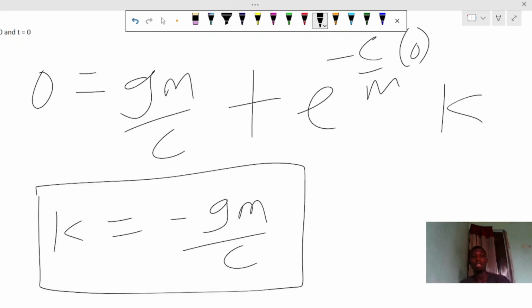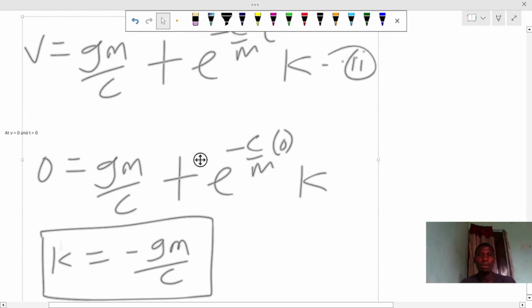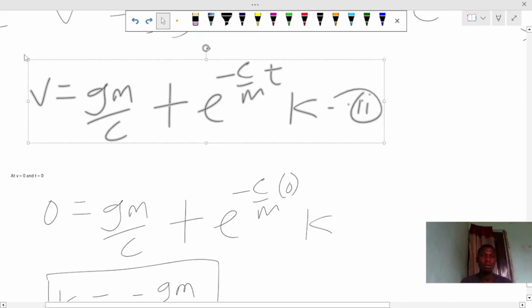Okay, this is for k. Now we'll bring the value of k back into equation ii, substitute into equation ii. So let's substitute now.